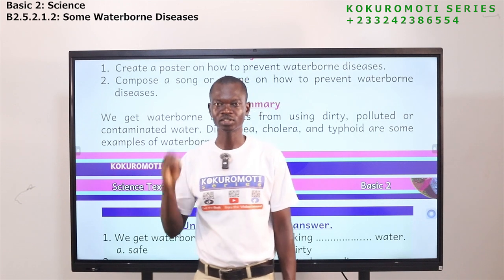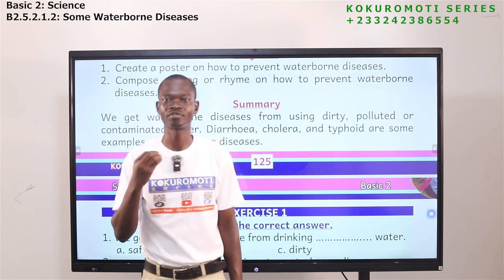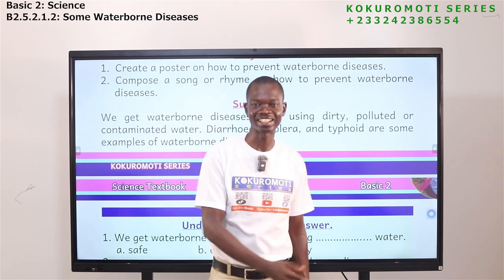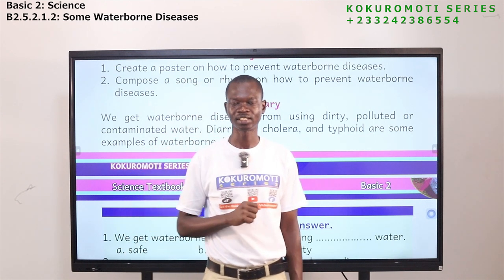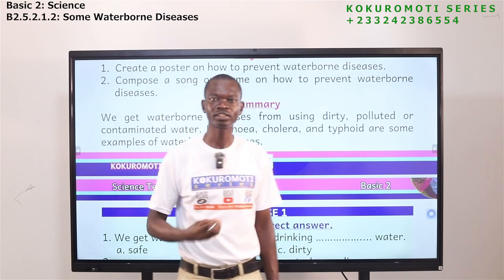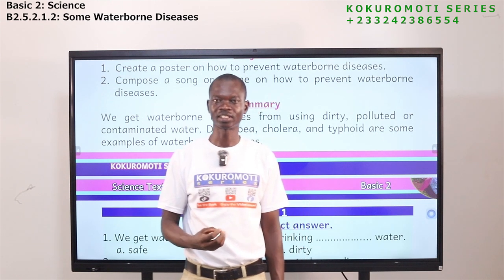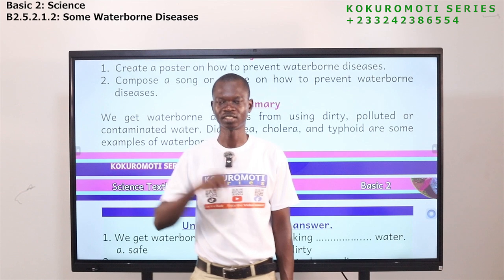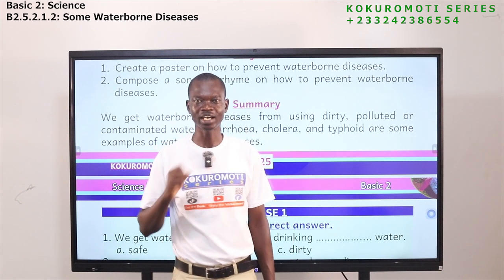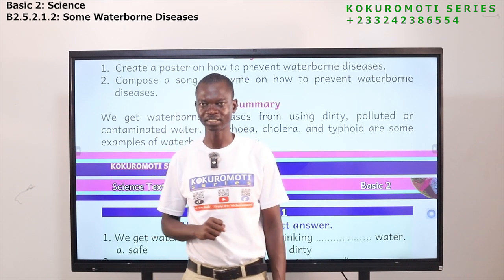Now, we have also seen that for us to prevent ourselves from waterborne diseases, there are some things that we need to do. The first thing that we learn is that we should boil the water that we drink. So don't just fetch water from the river, the stream, or any other source and start drinking it.